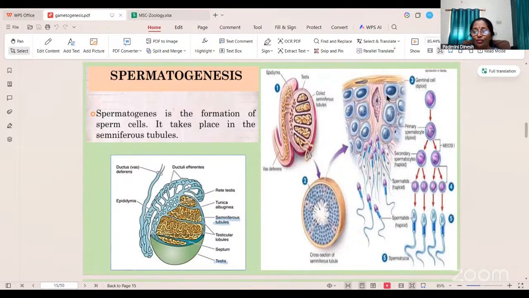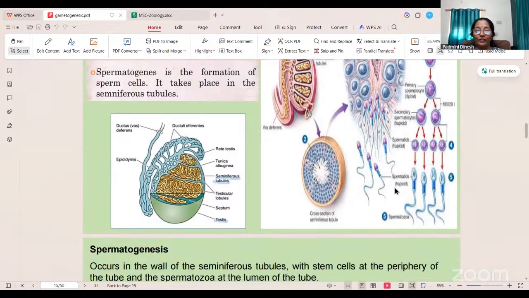This cell has to undergo mitosis to increase in number, and this leads to production of primary spermatocytes. The primary spermatocyte undergoes meiosis 1 to produce secondary spermatocytes. The secondary spermatocytes undergo meiosis 2 to produce spermatids. The round ones are the spermatids, and these spermatids will develop into sperms.